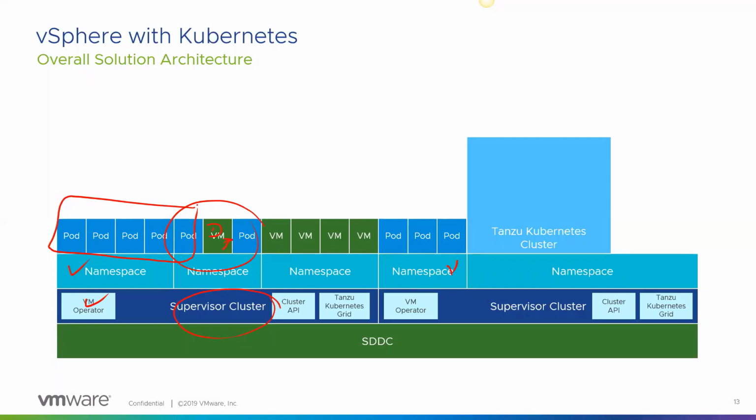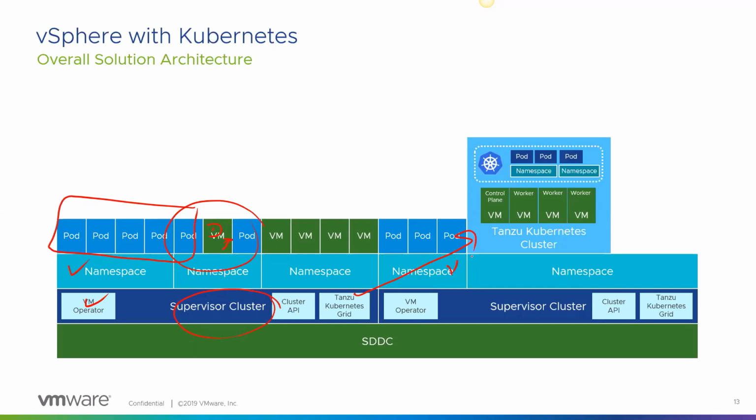So this Tanzu Kubernetes Grid will allow us to, using the cluster API, deploy a Tanzu Kubernetes cluster. That cluster will be comprised of multiple virtual machines, one of them being a master and the others being worker nodes.